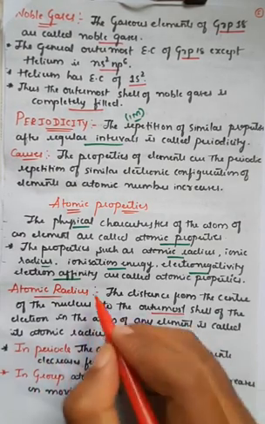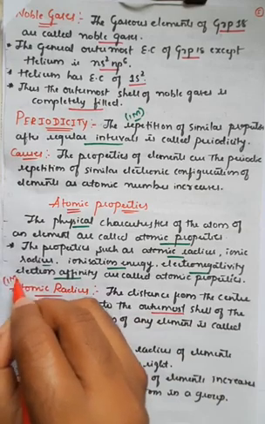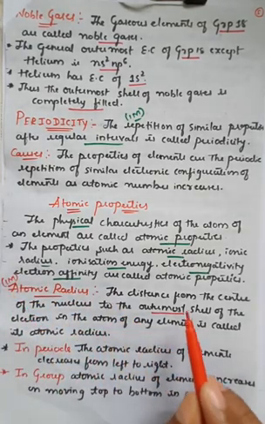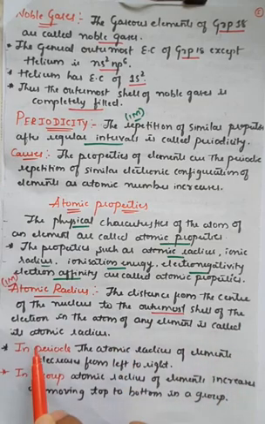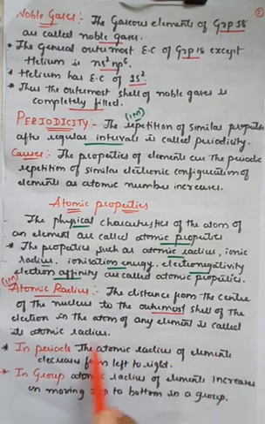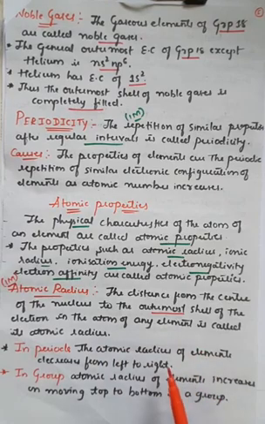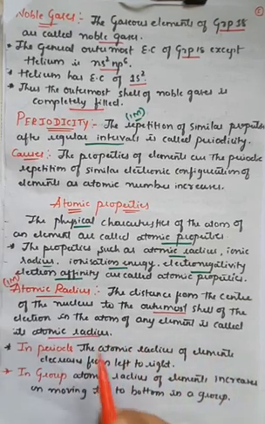They can ask for 1 mark: define atomic radius. Atomic radius is the distance from the center of the nucleus to the outermost shell of the electron in an atom of any element.